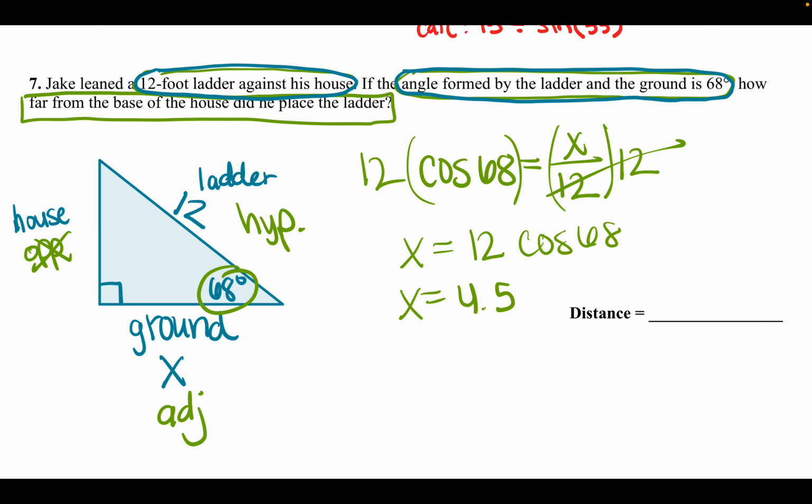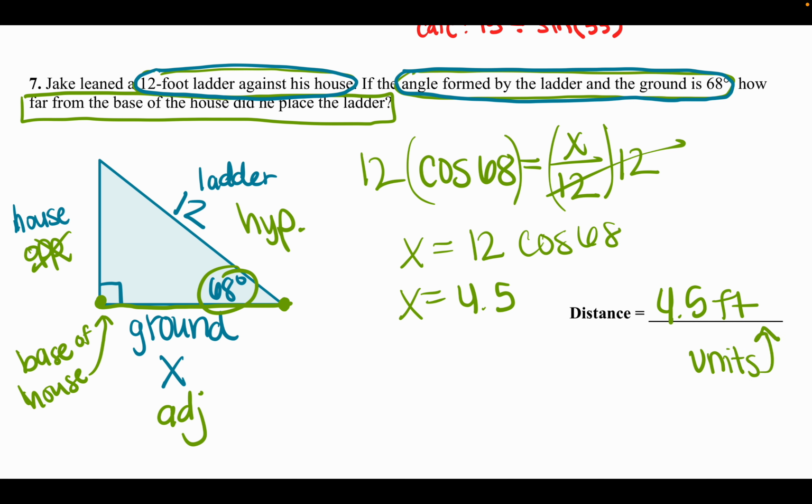So the distance between the base of the house right here to how far the ladder is right here, that measurement is 4.5 feet. So always make sure you have your unit.